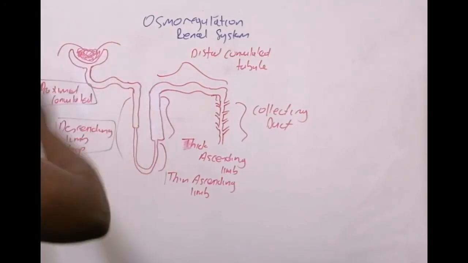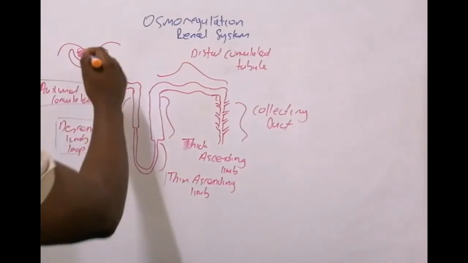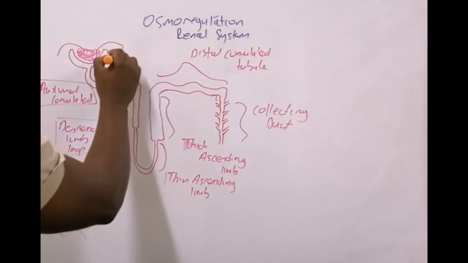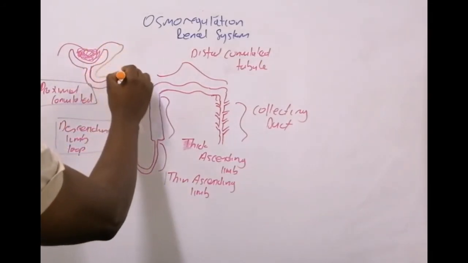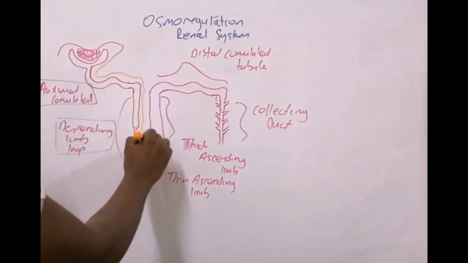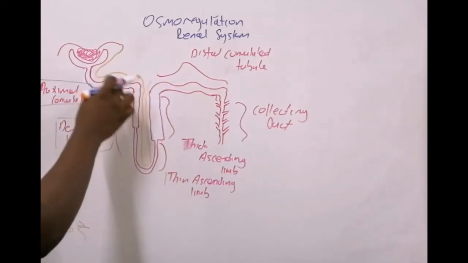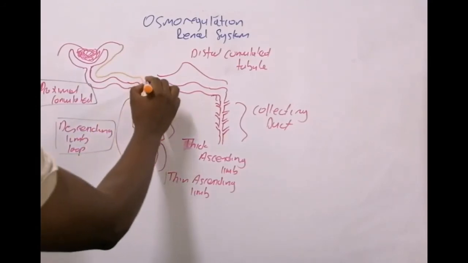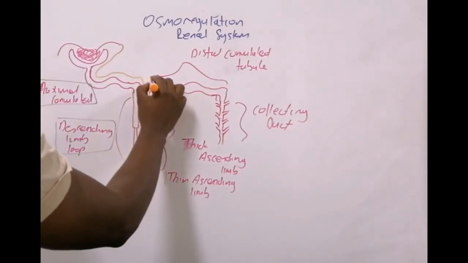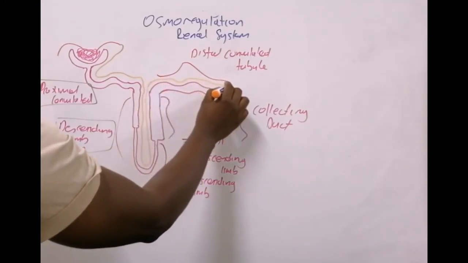Now, what I want you guys also to remember is that the efferent arteriole runs along the nephron such that the basolateral membrane of the tubules is a neighbor to this blood vessel.